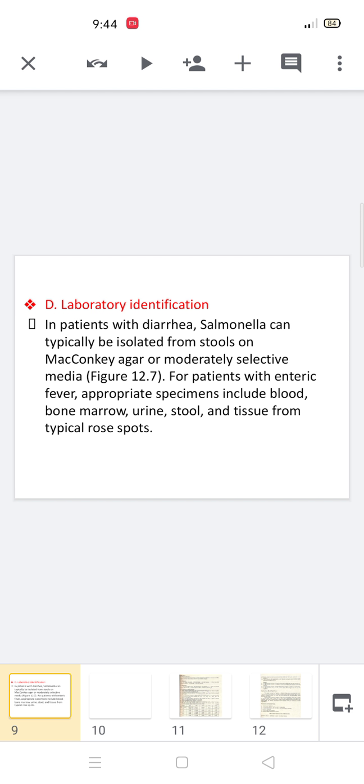If we suspect the patient has salmonellosis, we will take stool or vomitus for culturing, and by microscopy, under Gram staining, we make the smear and observe Gram-negative rods, which confirms that it is salmonella.